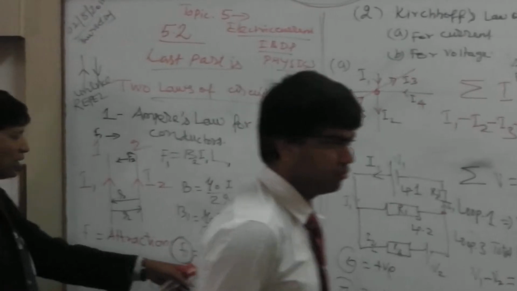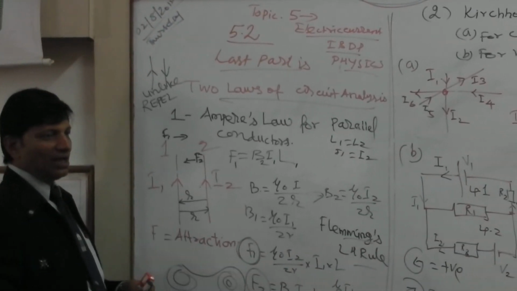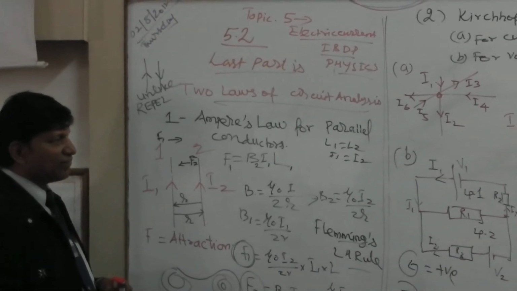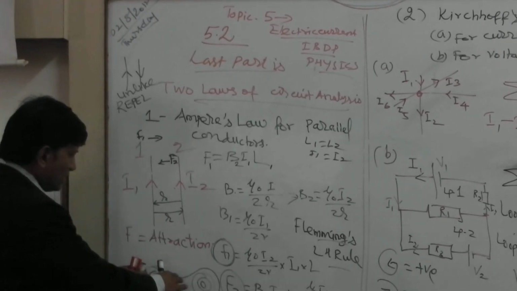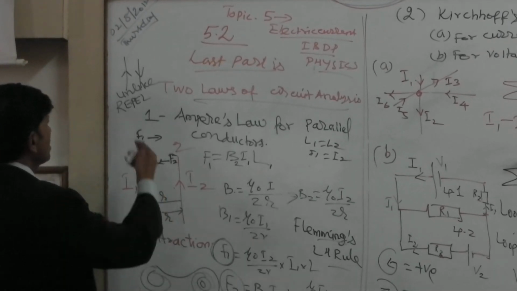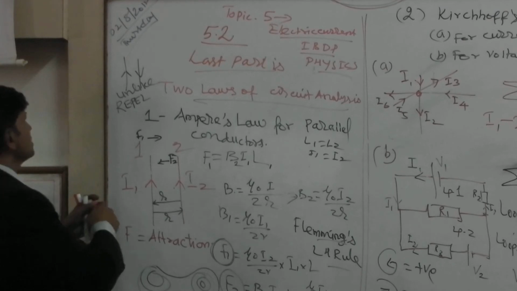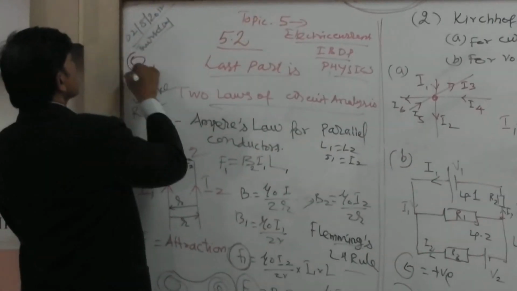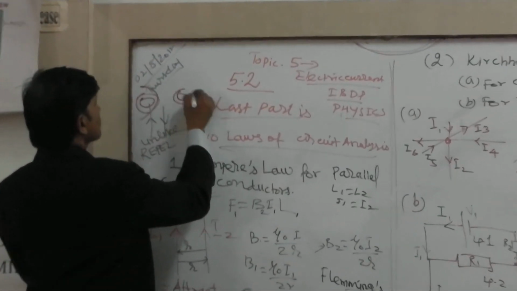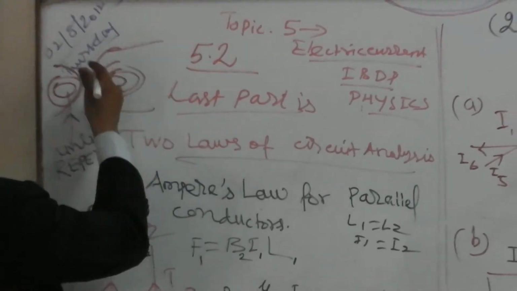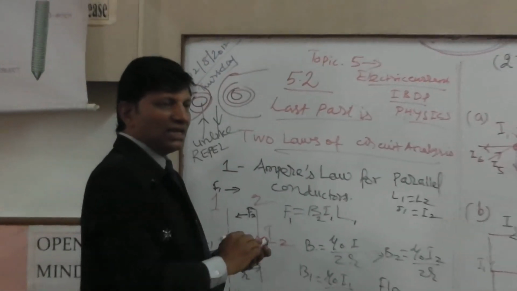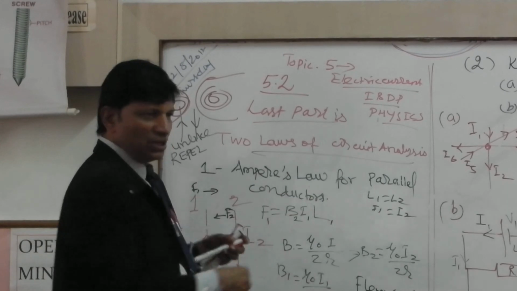You will have the same formula. You can explain this with Fleming's left hand rule. If they repel, the figure for repulsion will be like this, as if the circles are moving away from one another. The magnetic fields move away from one another.